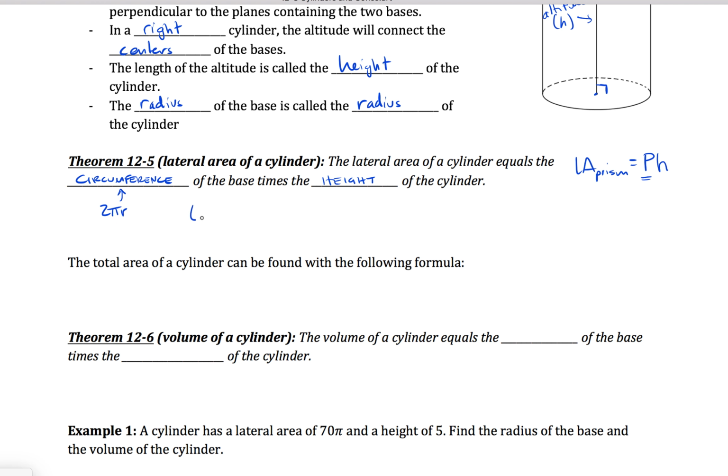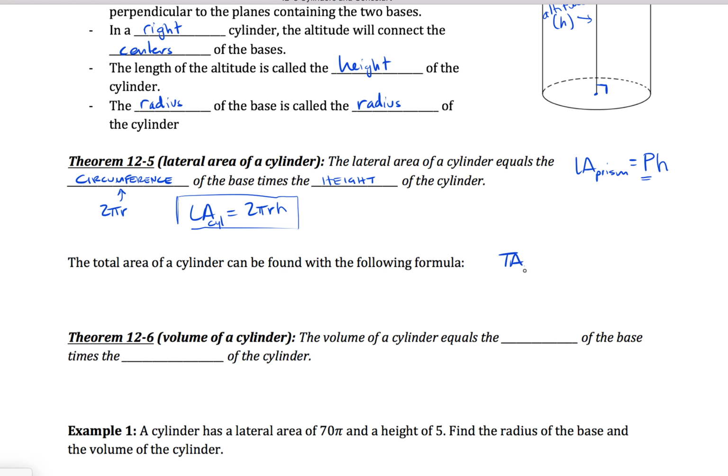So when we write out the formula for lateral area of a cylinder, you're probably going to want to write 2 pi r for the circumference of the base, and you're going to multiply that times the height. So this right here is your formula for lateral area of a cylinder: 2 pi times radius times height.